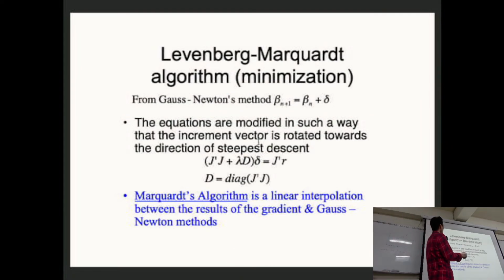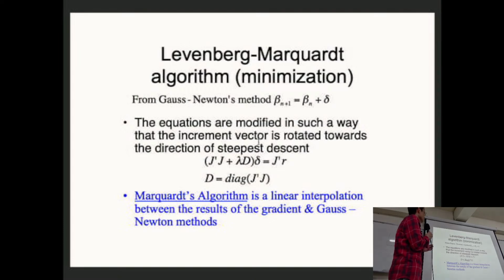So there are some LM algorithms. The LM algorithms modify that equation. Without this term, it is Newton's method, right? But now we include this term to improve the convergence.